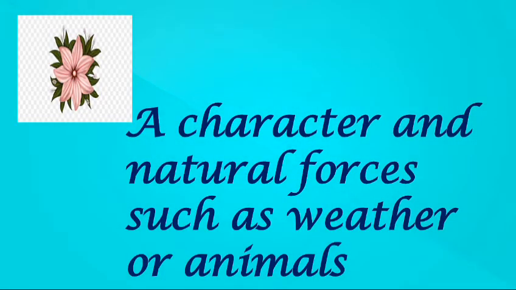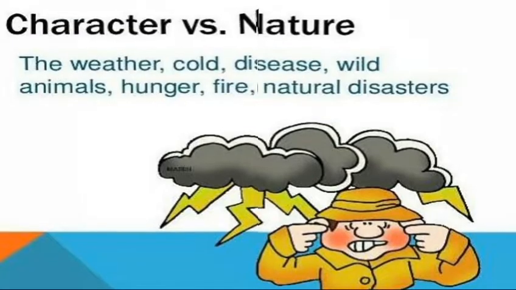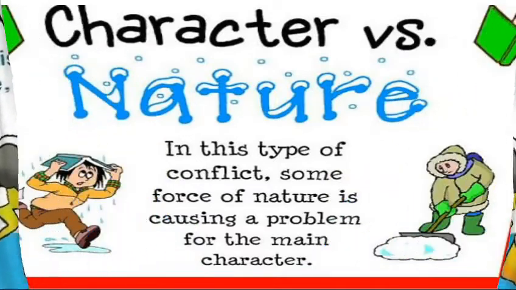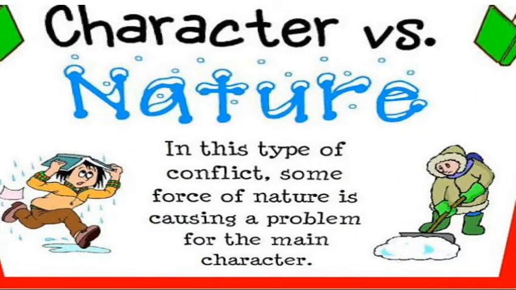Then there is the conflict between a character and natural forces such as weather or animals. In this type of conflict, some force of nature is causing a problem for the main character. I want you to take note here that a text could have a combination of conflicts.